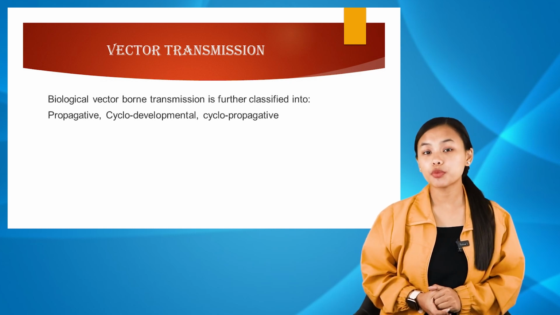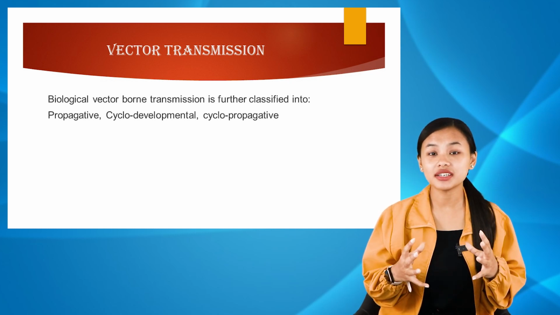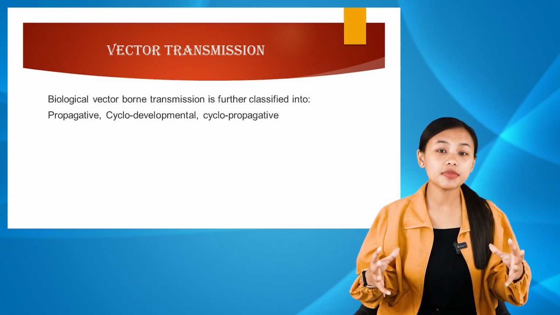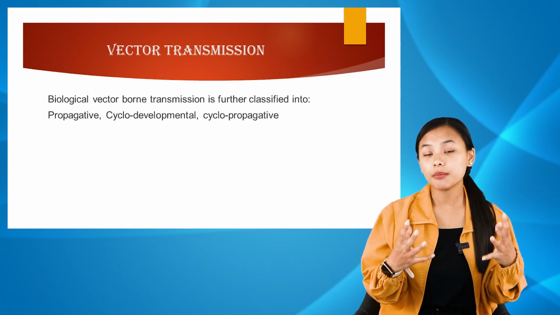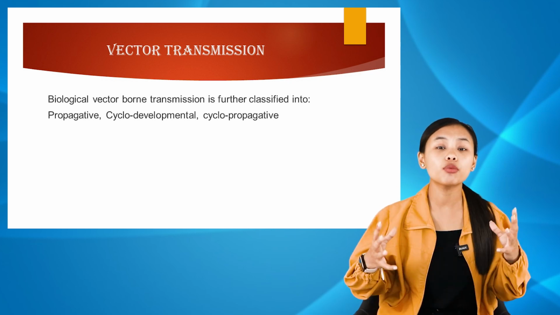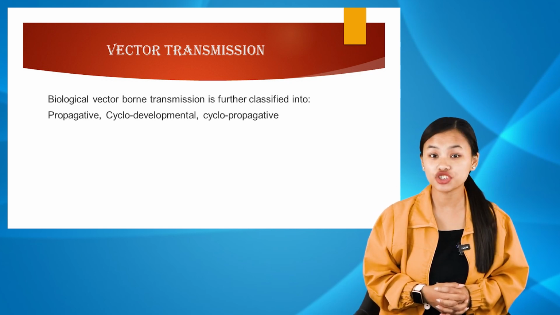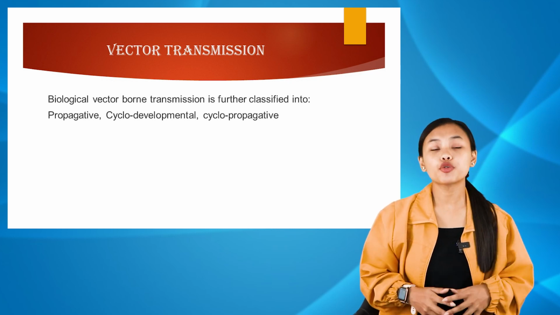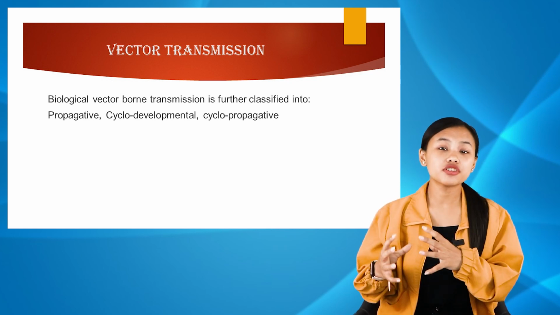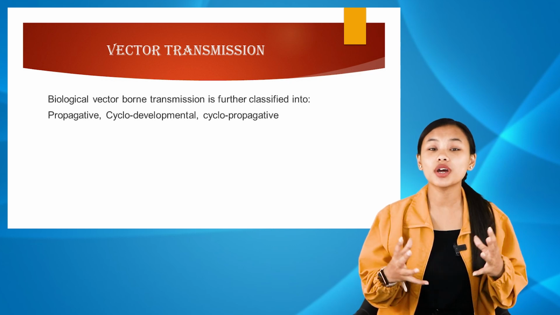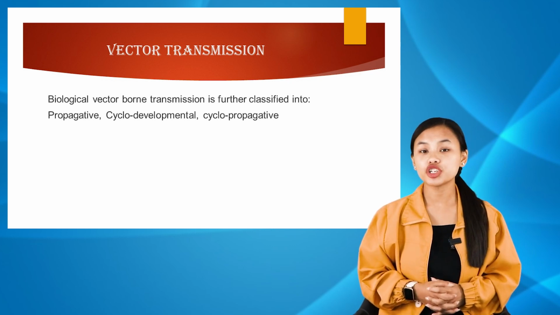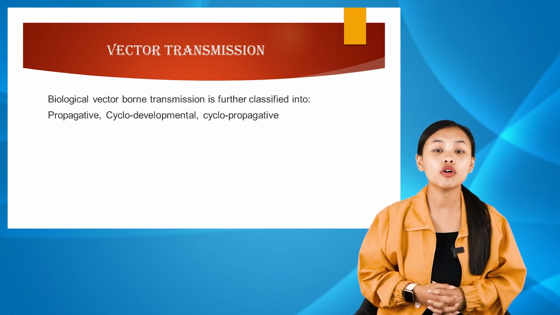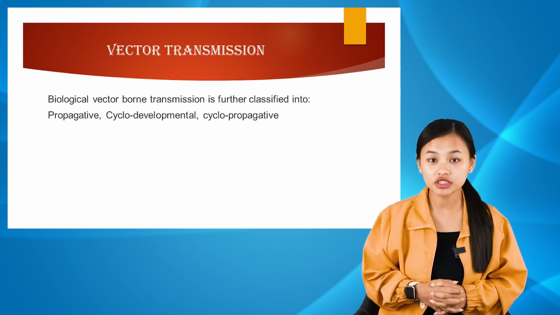So when we say propagative, these pathogens will multiply, but there will be no growth. Whereas in cyclodevelopmental, these pathogens will grow, but there will be no multiplication. And in cyclopropagative, these pathogens will multiply as well as grow. So this is about the biological vector, which includes the living creatures in order to carry these pathogens.